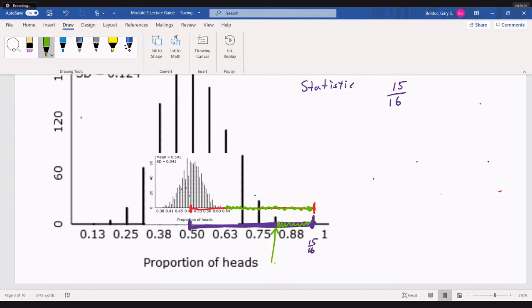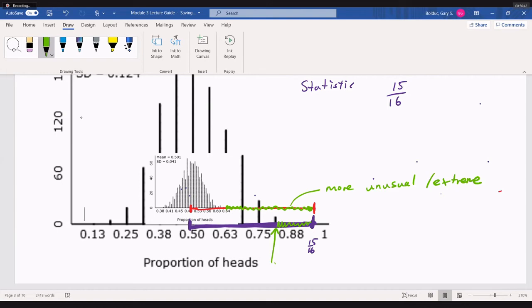So not only am I quite a far distance away from the middle, but I'm actually really far from anything. So that means I'm more unusual or extreme, which means I've got even more evidence against the null.